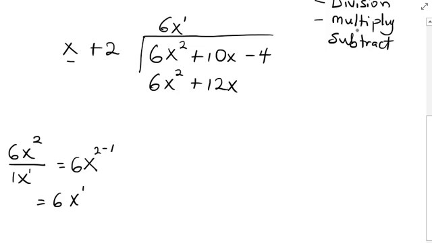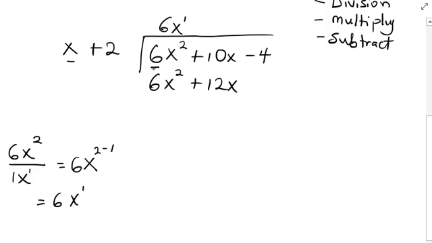I said the next step is to subtract. So we now need to subtract what we got from the dividend itself. If you remember, we called what we are dividing the dividend. So after multiplying, whatever we got, which is 6x squared plus 12x, we need to subtract it from the dividend up here.